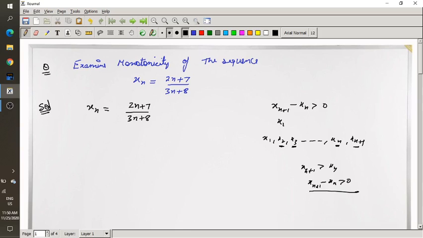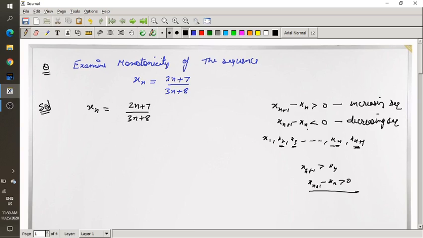And what will be the result if xn plus 1 minus xn is less than 0? If this term is less than this, it means the values of the terms are decreasing. So in that case, the sequence is a decreasing sequence.